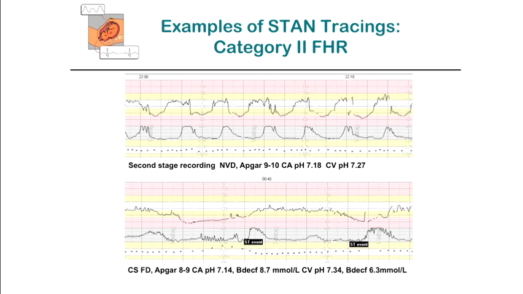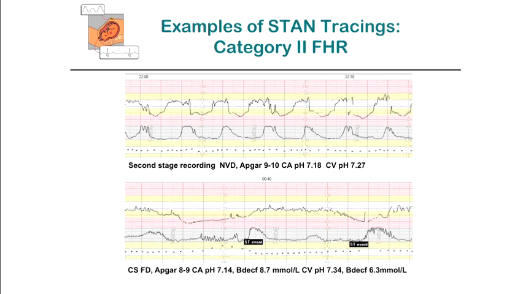So what if I told you now that in the upper panel there were no ST events, while in the lower panel, as you can see, there was an ST event? Would that change your management? And that's what we're really talking about, using the ST segment analysis or STAN as an adjunct to cases like this where it's really not clear what to do.